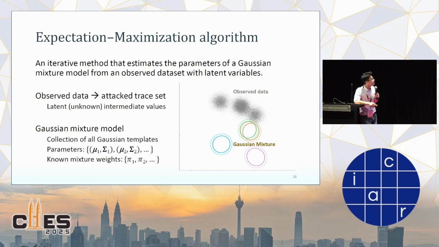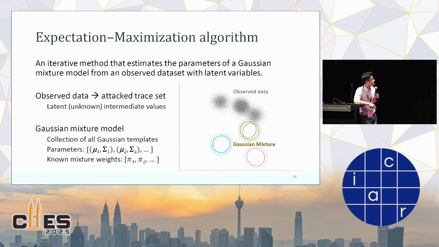And on the model side, through template profiling, we already have a bunch of Gaussian templates, and by combining all of them, we get a Gaussian mixture. The problem is that the parameter set of this Gaussian mixture model does not match our observed data. So we can use the EM algorithm to try to find these parameters.